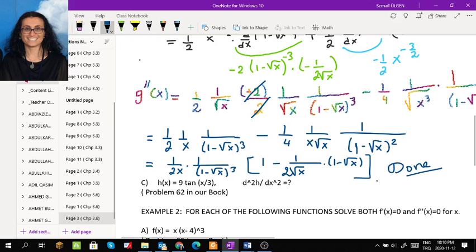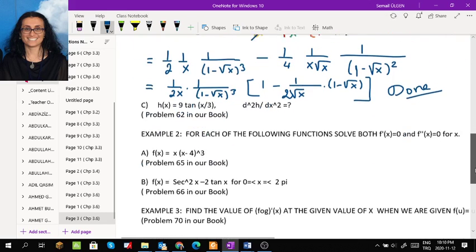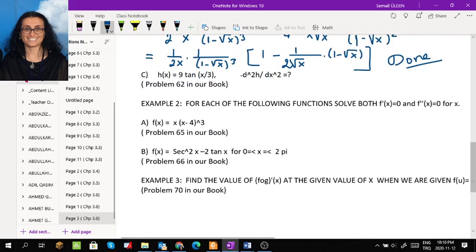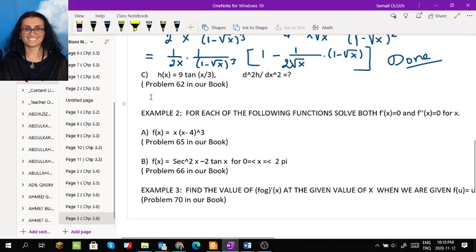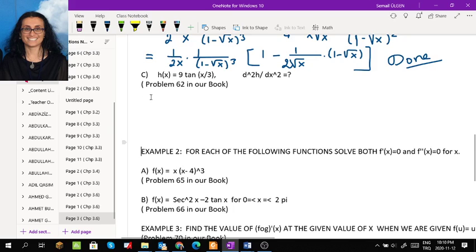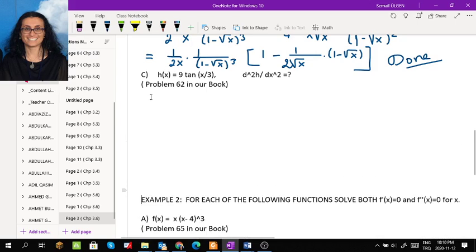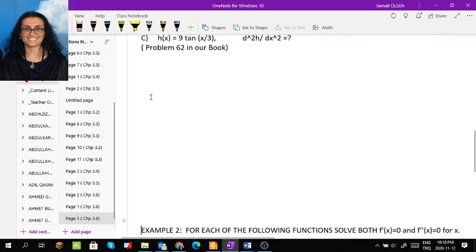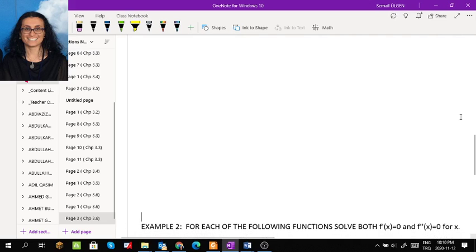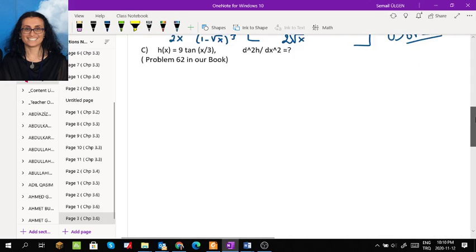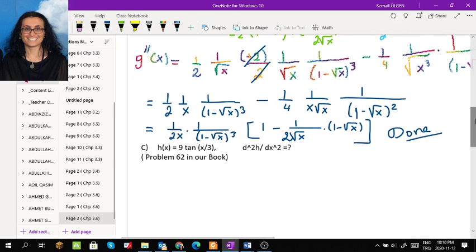Similarly, we have other examples here. Let's work on this. Let's place some room here. Let's move up, and this is a question.